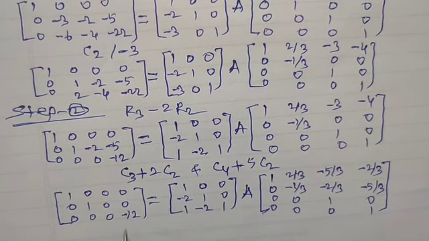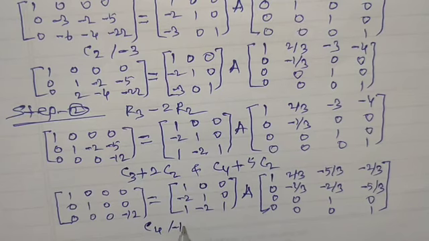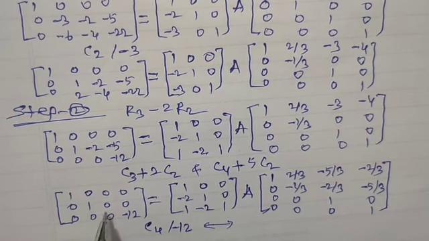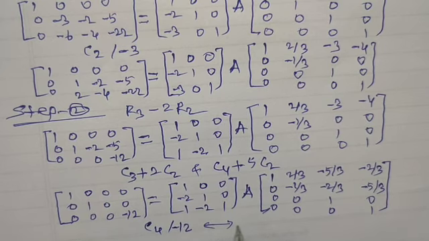We want here 1. So we can apply this column transformation, C4 divided by minus 12, and interchange this with C3. C4 and C3 we are interchanging.